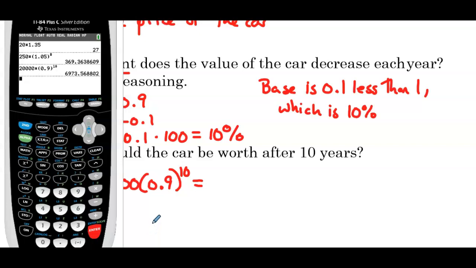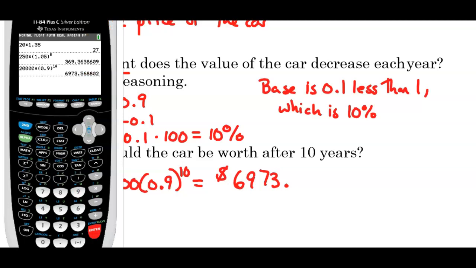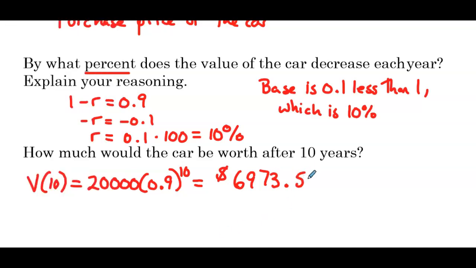Hit enter. Again, we're dealing with money, so we'll round to the nearest hundredth. So in this case, that's 6,973.57. Just double checking there, 57. Okay, so that's how much his car would be worth after 10 years at this rate of decrease.